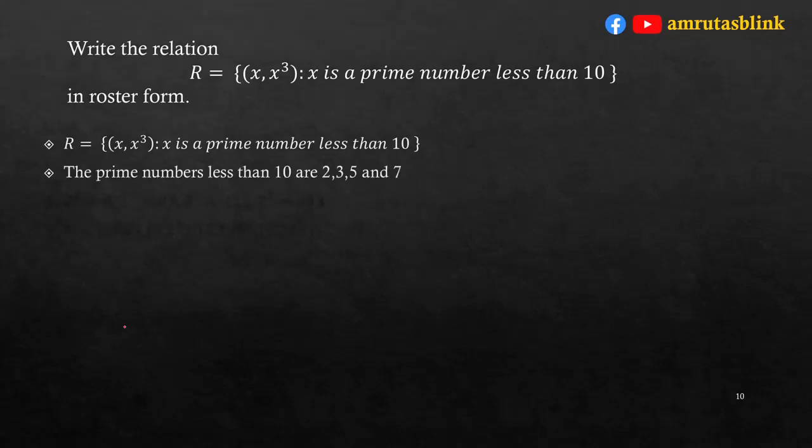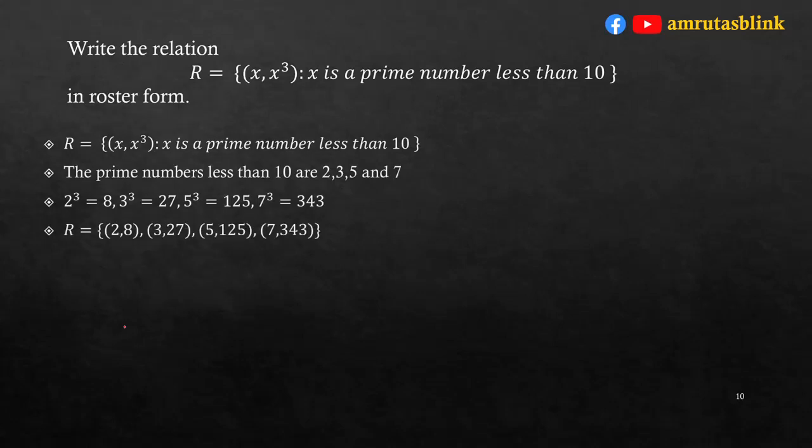Now we know that there are 4 prime numbers which are less than 10, that is 2, 3, 5 and 7. Now we know that 2 cube is 8, 3 cube is 27, 5 cube is 125 and 7 cube is 343.